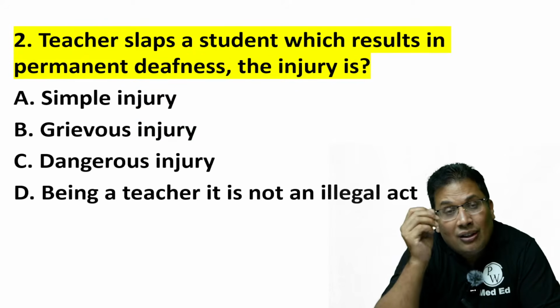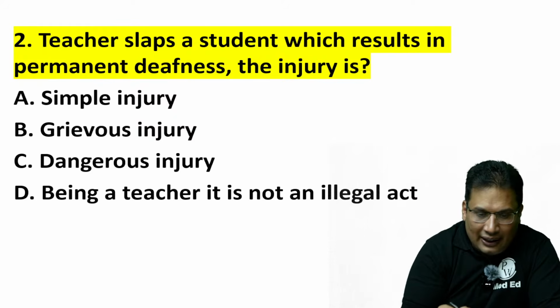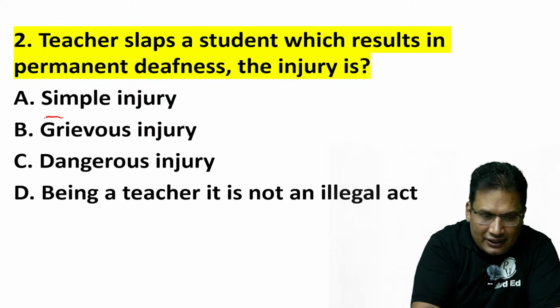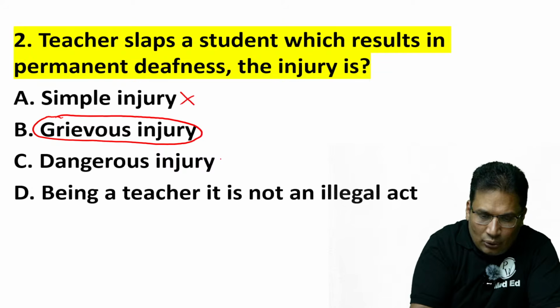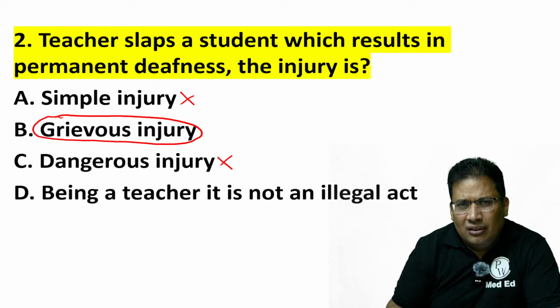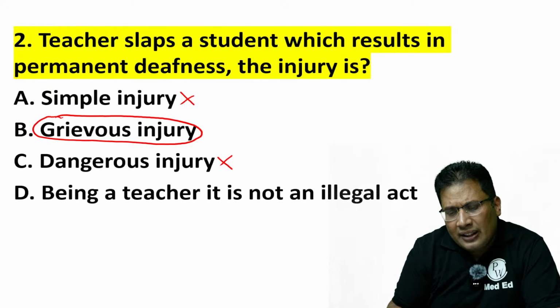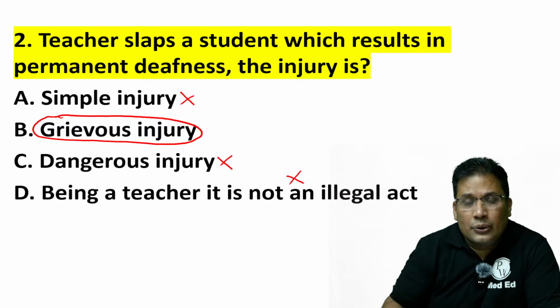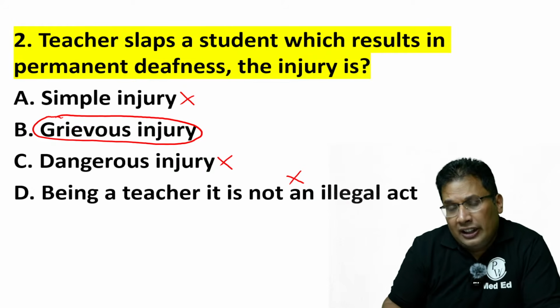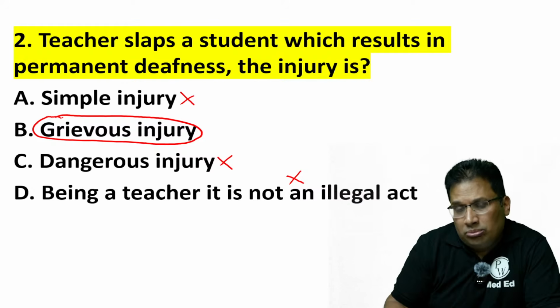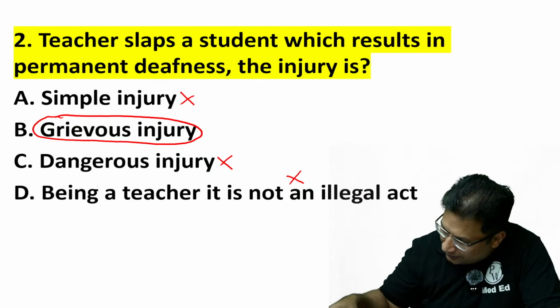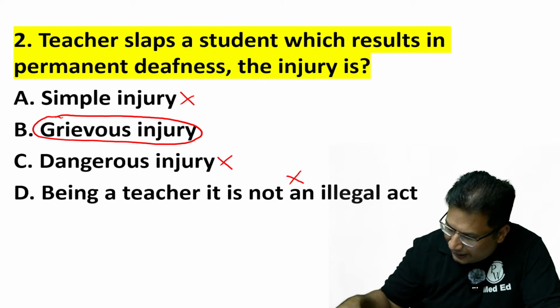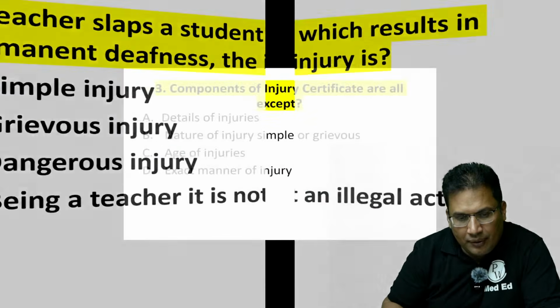So that comes under clause number 3. The answer is grievous injury. Not simple hurt. Dangerous? No, it is not dangerous. Being a teacher, is it not an illegal act? No, it is definitely an illegal act. Beating a student is definitely illegal. So the answer is B. Clause number 3, correct answer.